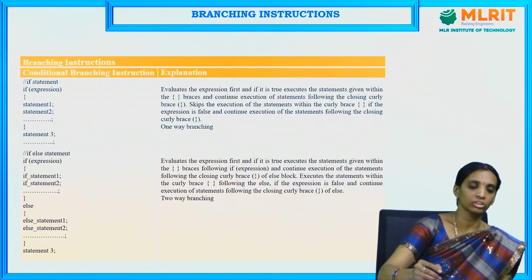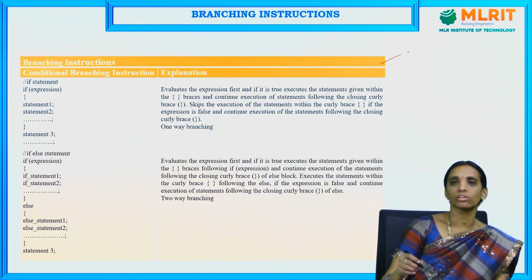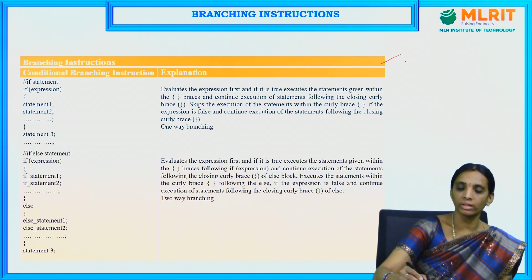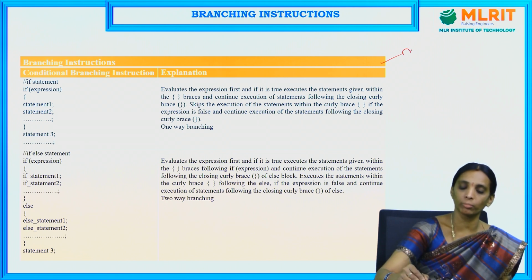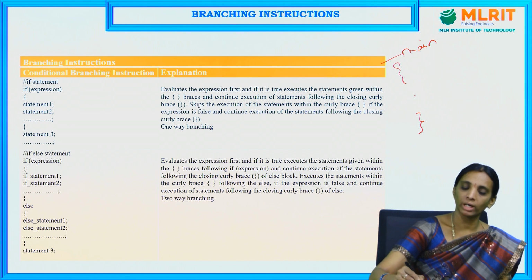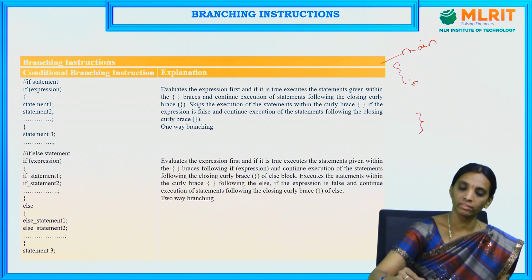Next, branching instructions. Branching instructions are used whenever any interrupt or subroutine program is executed from the main program, so we have to call that subroutine from the main program. In the main program, if we have to use a function, let us take some int x, int y, add x comma y.